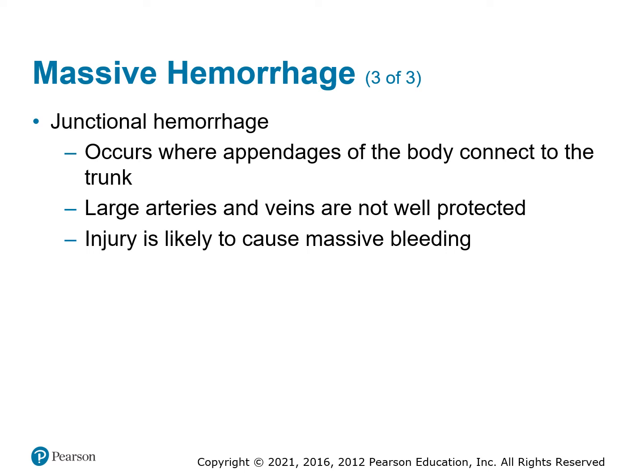Think about when you check somebody's carotid artery for a pulse. It's fairly close to the surface, right? So it doesn't take a huge amount of trauma to damage one of these vessels. In your neck, it would be your carotid artery, and then your jugular veins.